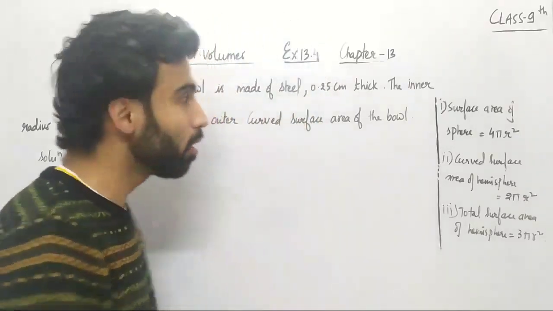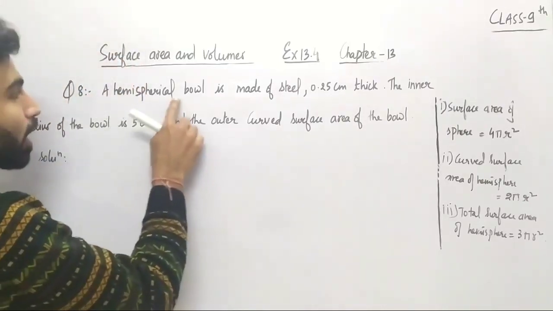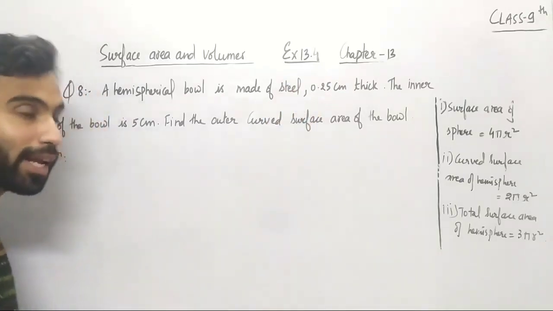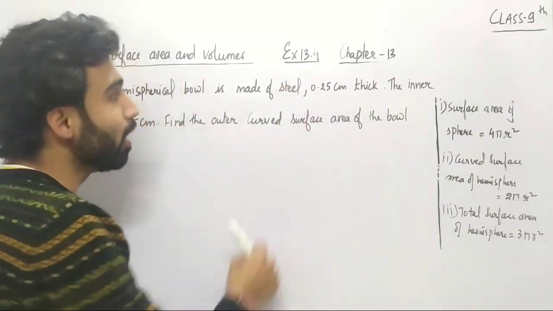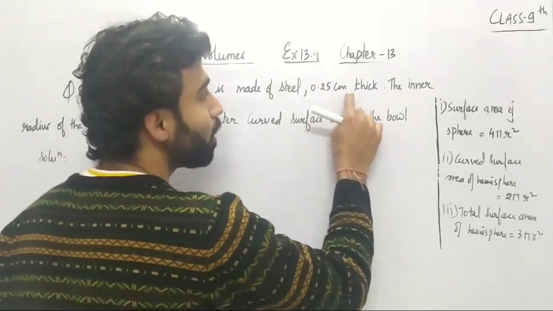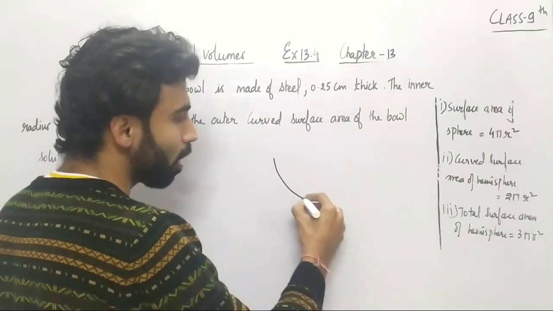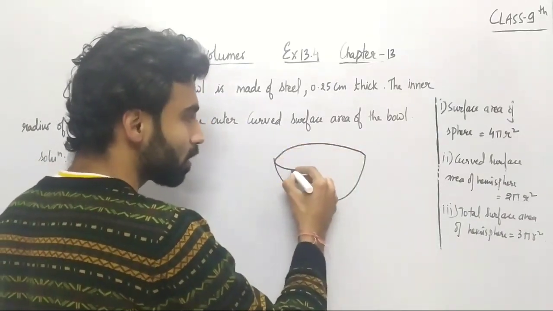So this time question number 8 is given to us as a hemispherical bowl is made of steel. So यहाँ पे एक hemispherical bowl है जो किससे बना है, स्टील से बना है, which is 25 centimeter thick, right? So let me just first make a hemispherical bowl here, right? So you can see it is something like this.